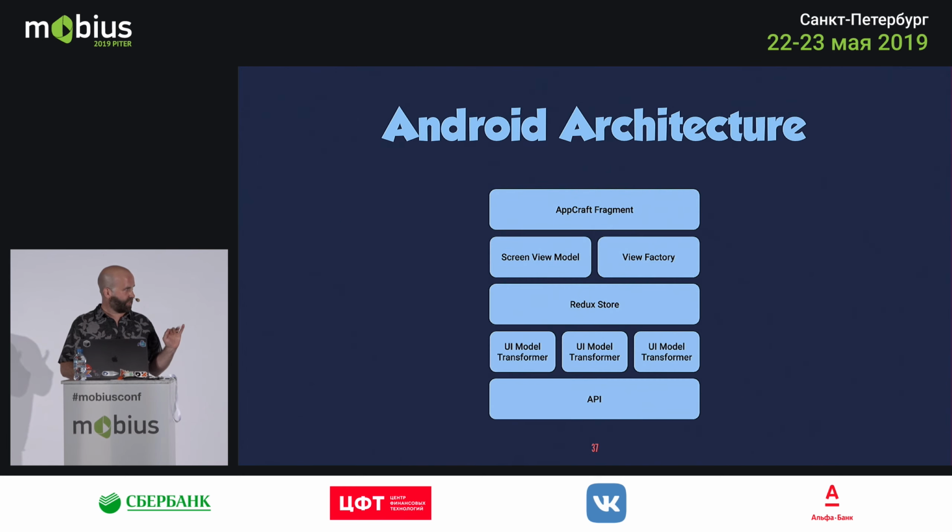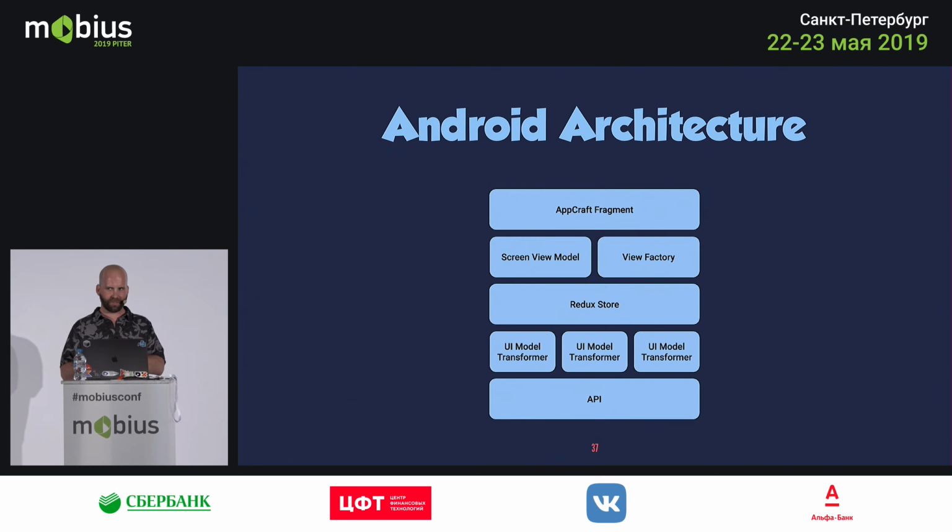So here's a diagram of the Android architecture, and it's similar on iOS. We have an API layer at the bottom, which is Retrofit, surprise, and some amount of transformation. Most of this is because we have data I mentioned, like the wishlist cache that's coming from the existing app, and we need to combine that with the stuff that we're fetching from our server.